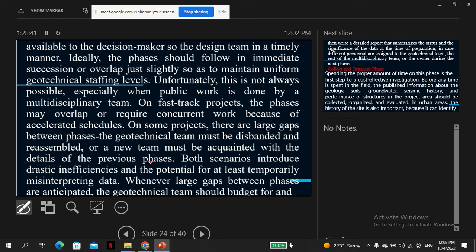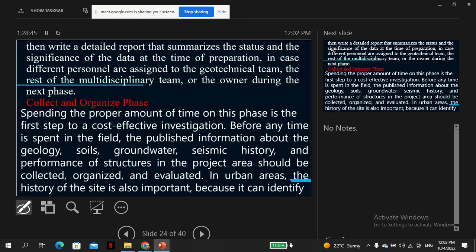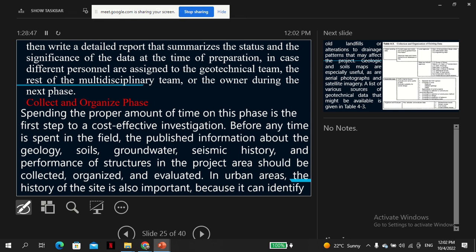It's not encouraged. The geotechnical team should be budgeted for and should then write a detailed report that summarizes the status and the significance of the data at the time of preparation, in case different personnel are assigned to the geotechnical team.